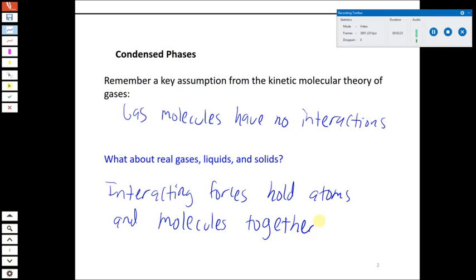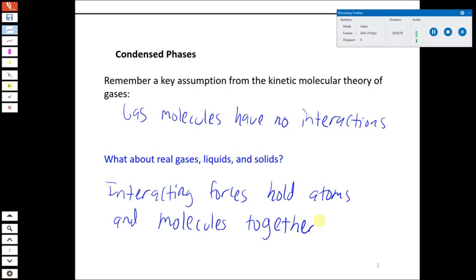In gases, these forces are pretty weak, but they do sometimes, at certain conditions, result in deviations from the ideal gas law. When we talked about real gases and how they don't exactly follow the ideal gas law, it's because of these intermolecular forces. That's primarily the reason. And then when you have liquids and solids, those forces are often important in holding those together into those condensed phases and preventing the molecules from escaping into the gas phase.